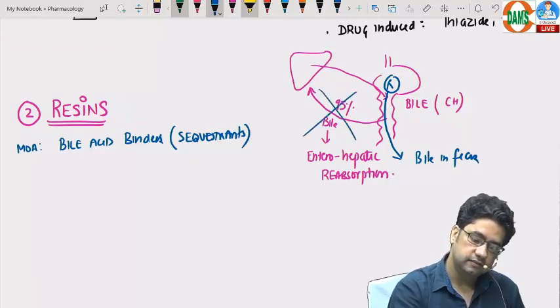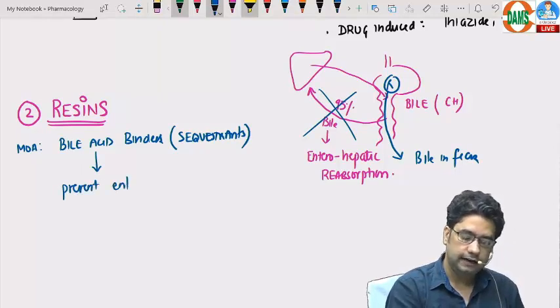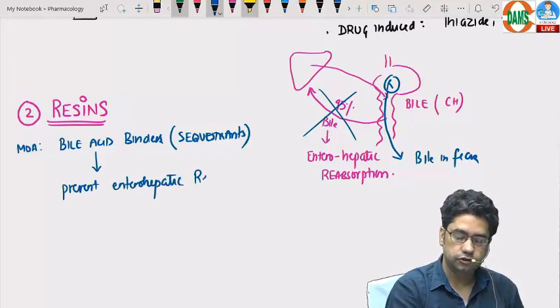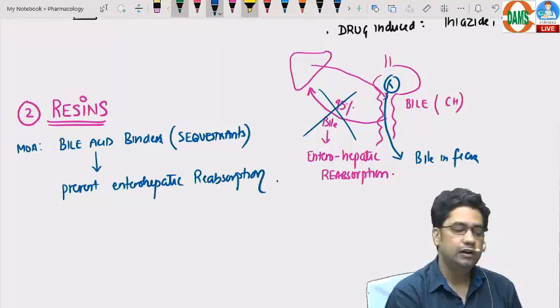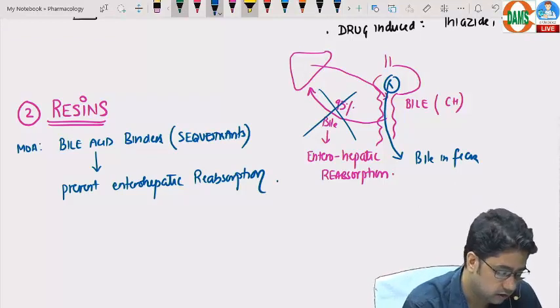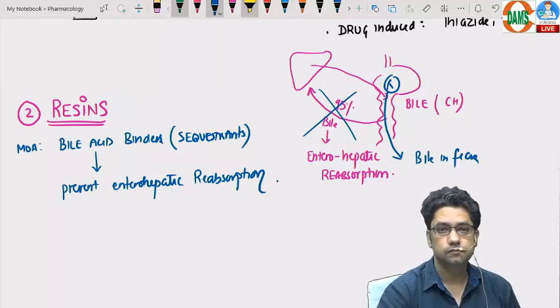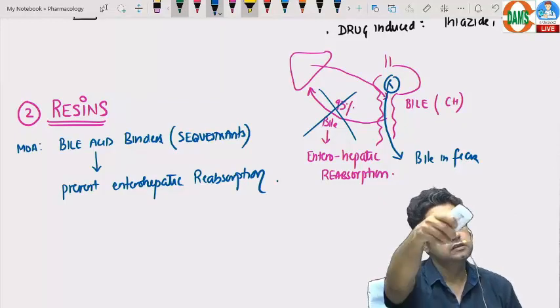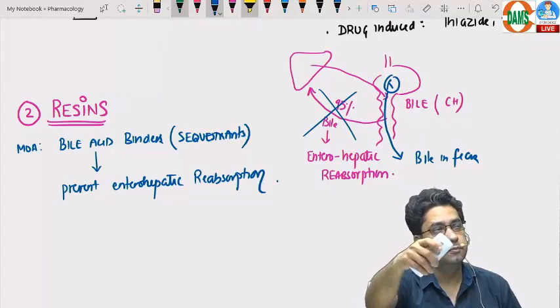Because of this reason, they will prevent enterohepatic reabsorption of bile. Yes or no?